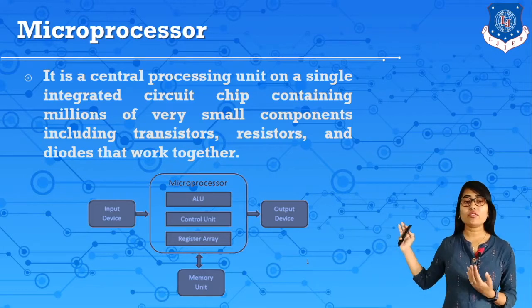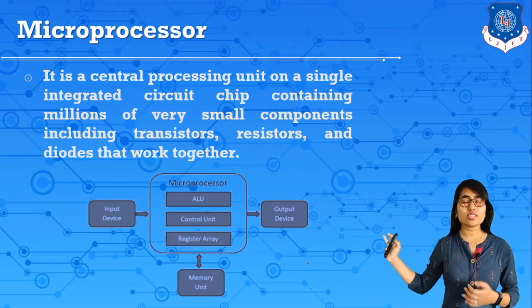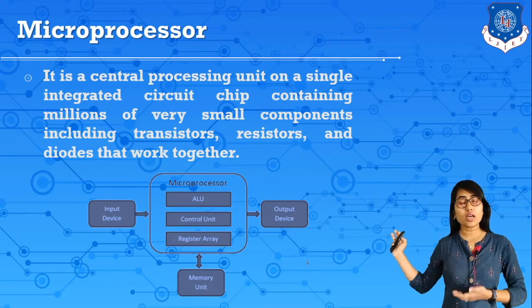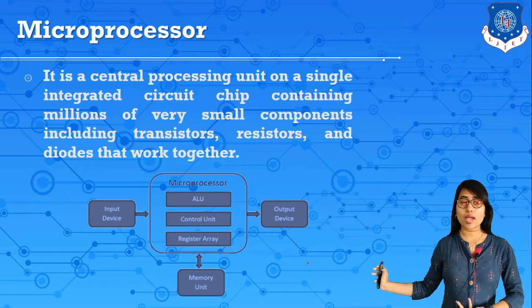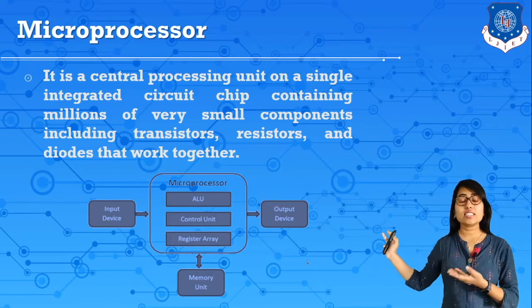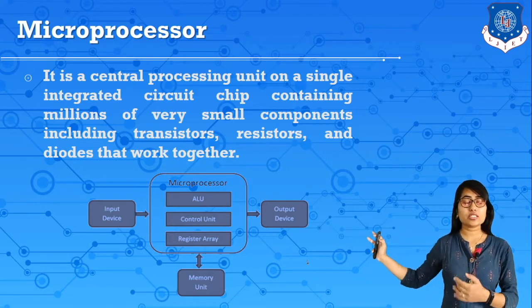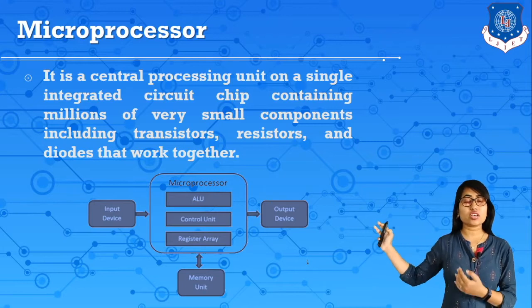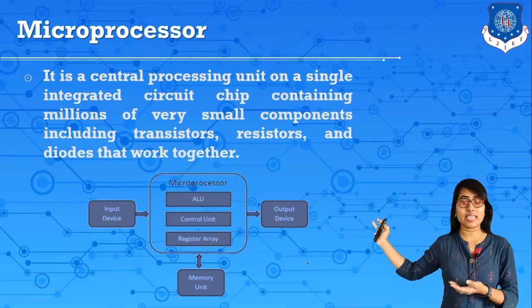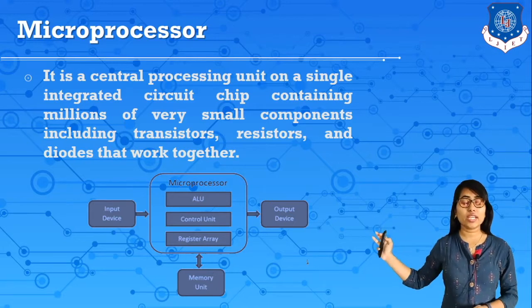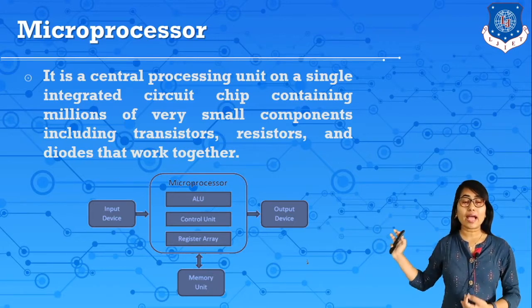Here we have the basic architecture of a standard computer. In a computer we have an input device, an output device and a memory, and this CPU, that means basically a microprocessor, in which we have mainly three components: first the ALU, arithmetic logic unit, the control unit and the register array.